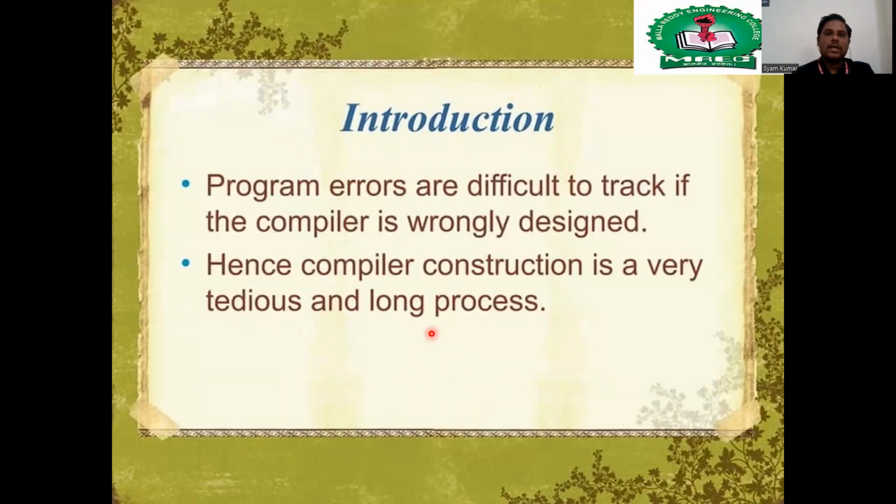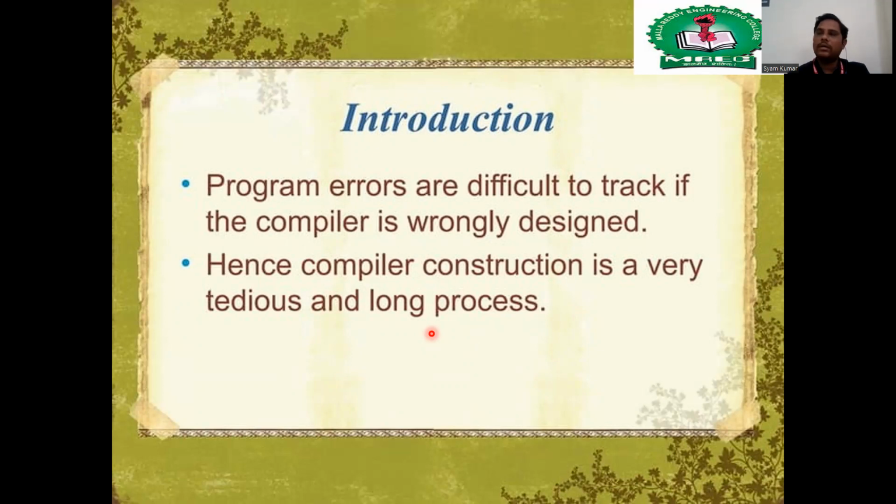So programmer errors are difficult to track if the compiler is wrongly designed. Generally, every programmer invents one language, that is the programming language. That programming language is very difficult, because how the high level language is translated for the computer to understand is very important. Every programmer who invents one language must also invent a compiler.